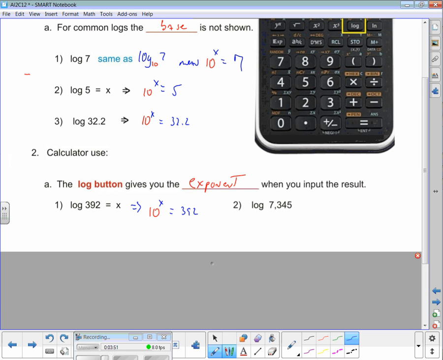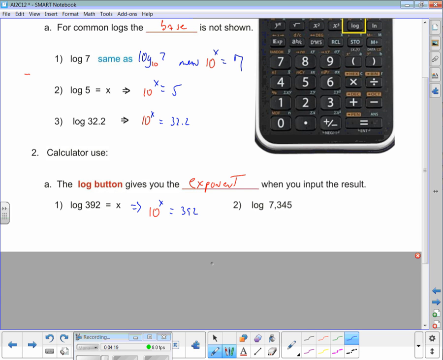Do you have to do that to punch it in your calculator? Not at all. I'm just trying to get you to understand what the answer should be. Because now we all know the answer is going to be 2 point something, because 10 squared is 100 and 10 cubed is 1,000. So you're going to be between 10 squared and 10 cubed.